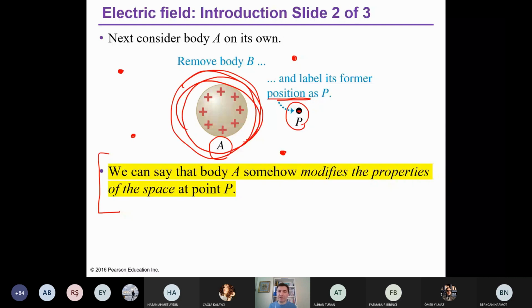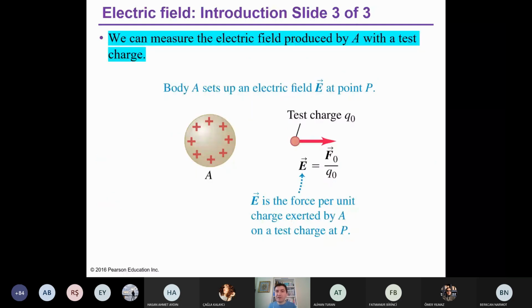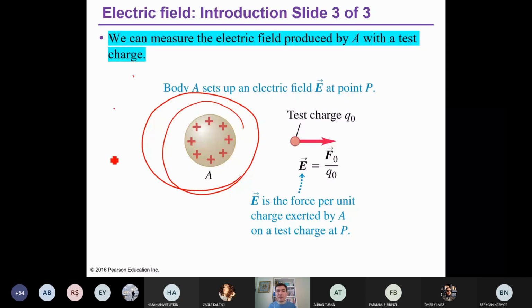So then there should be something here due to the A ball, and this is the electric field produced by the A ball, okay? So here we have the A ball positively charged, and around itself at any point it modifies the properties of the space.